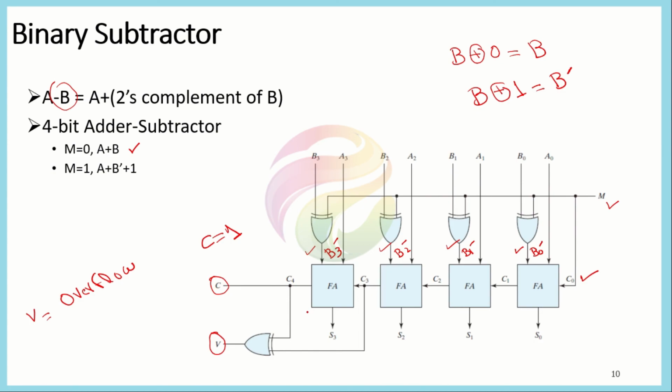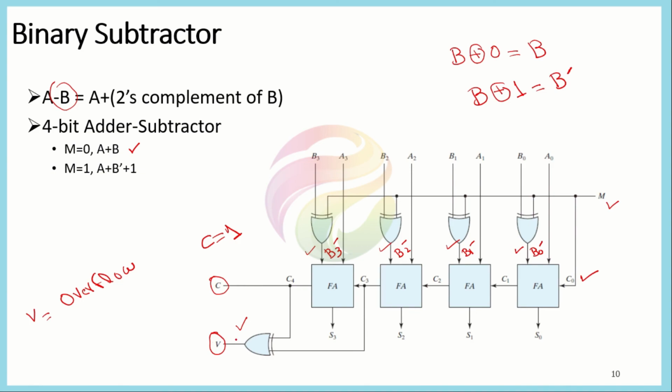So if the two carries are applied to an exclusive or gate, its output could represent the overflow that would occur in signed number addition, or in signed number subtraction, if both numbers are represented in their 2's complement form. So for the signed case, we have to check two things, and if they are different, then only V would be equal to 1, indicating the overflow.